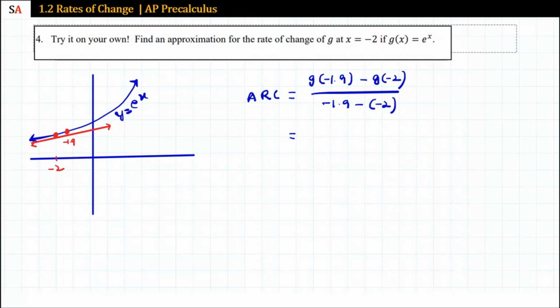So this is e to the -1.9 minus e to the -2 over -1.9 plus 2, that is 0.1. You can use the calculator and plug in these values.